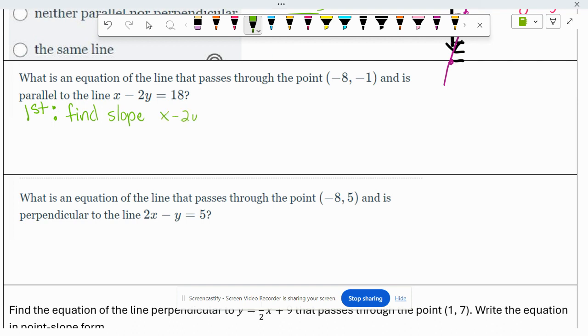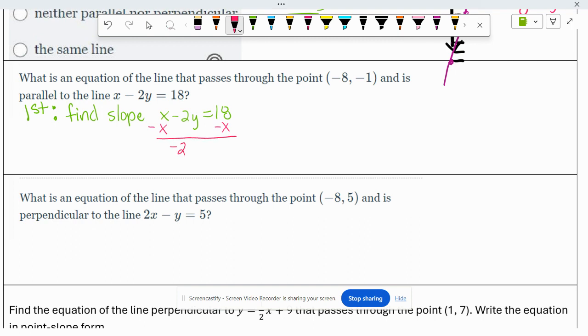X minus 2y equals 18. What am I going to do first, Kimber? Trying to get y all by itself. Yeah, we're going to subtract x from both sides.